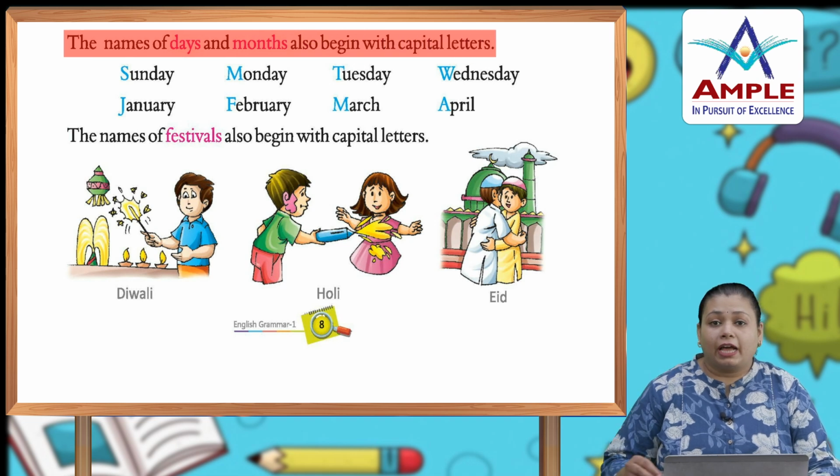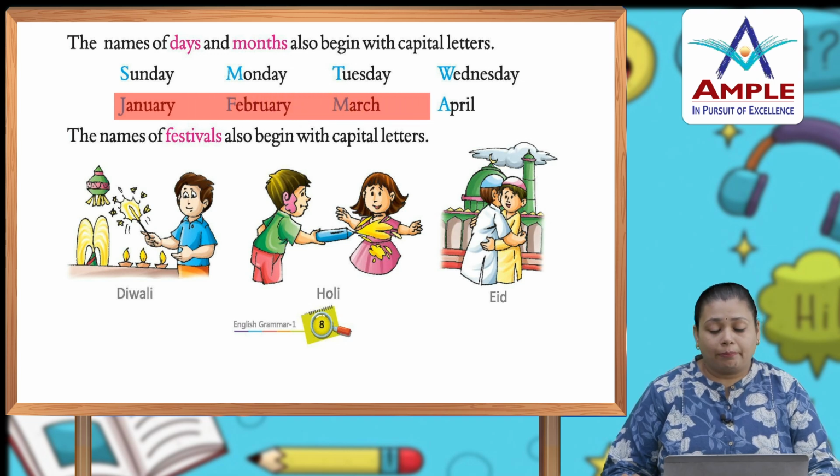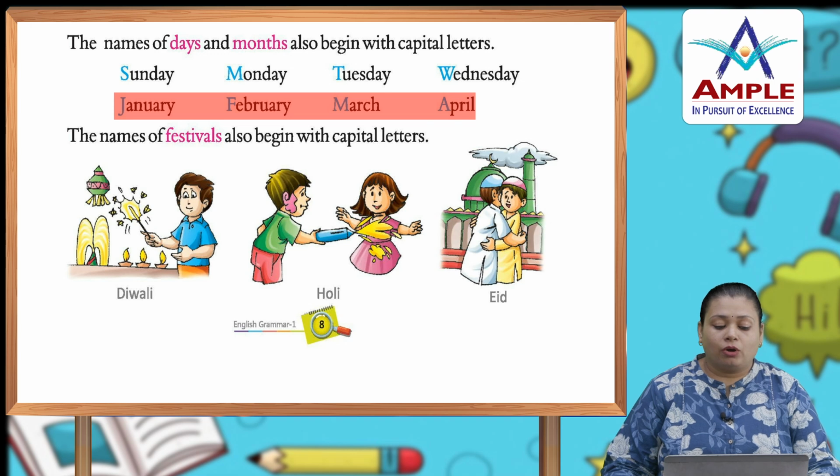It's Sunday S, Monday M, Tuesday T, Wednesday W, January J, February F, March M, and April A. As you can see, all the letters in blue colors are capital letters, and when they are written it means it starts the word.